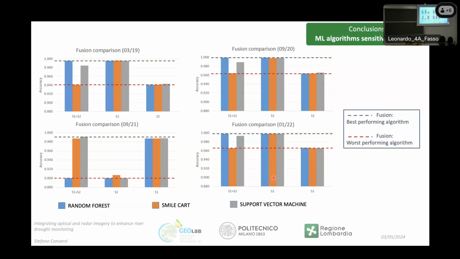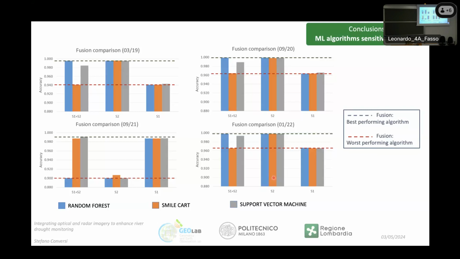And we can suppose that on that date there was the presence of clouds. So we can say that in general, in case of perfect atmospheric conditions, the Sentinel-2, so the single sensor optical, is the best solution. But obviously we should be aware that this instrument is not always performing and delivering results.